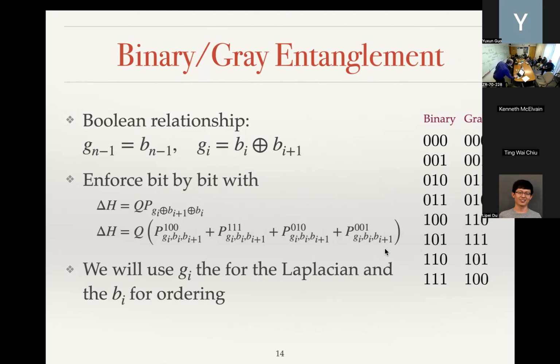In any case, you write down this little term, and it locks the Gray code bits to the corresponding binary bits. Then you only need to write the Laplacian in the Gray code. I write the Laplacian in Gray code, and I write comparators in binary. And this locks the binary code.